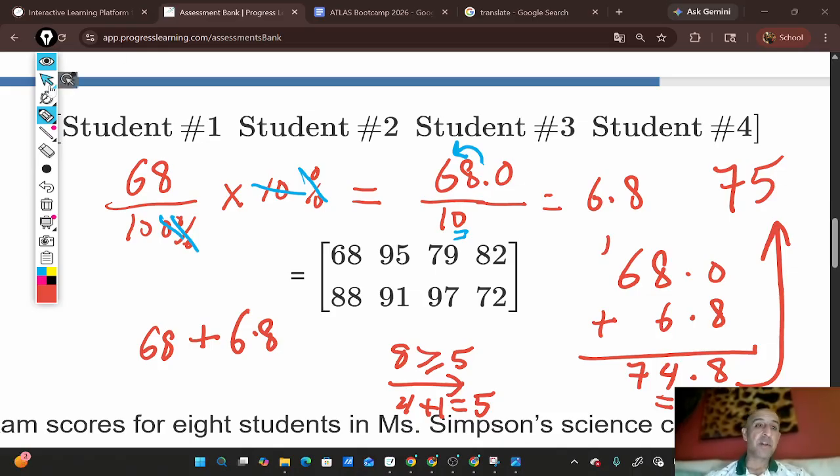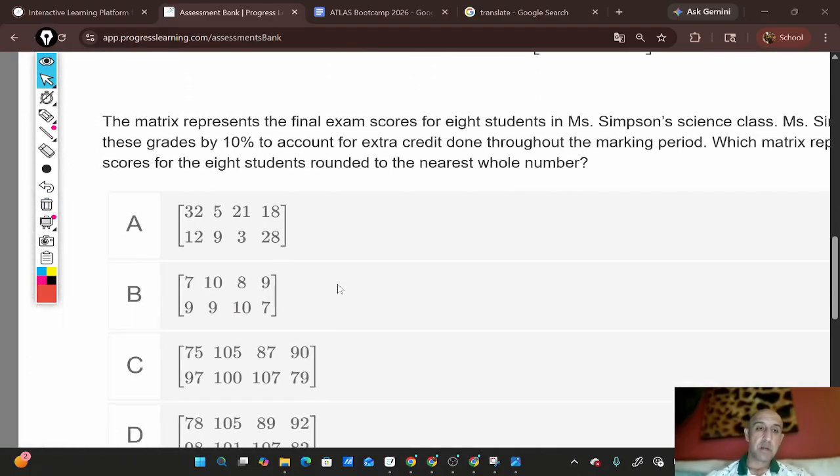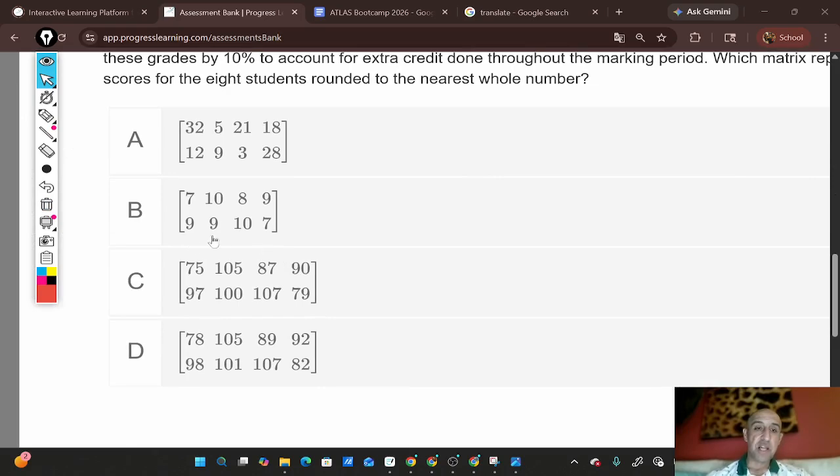Okay, so now the answer is 75. We don't need this now. Let's check the answers. Which one has 75? I think this answer will be the right answer because this is 75.